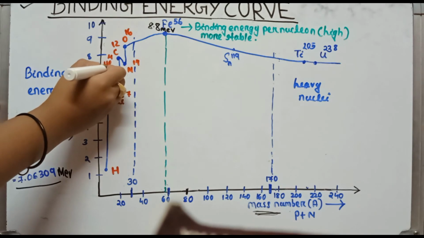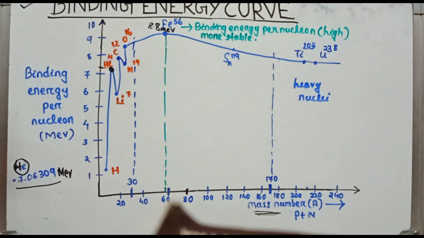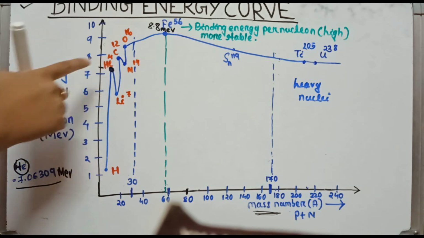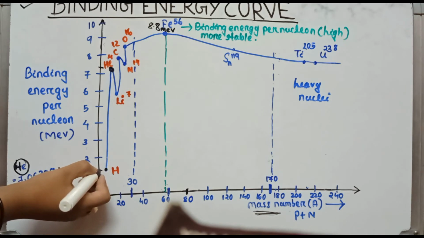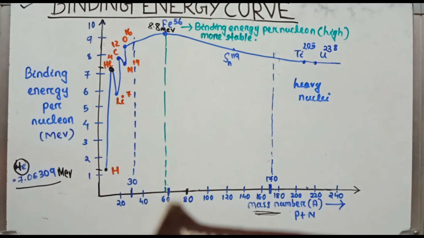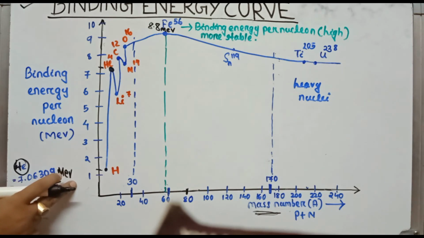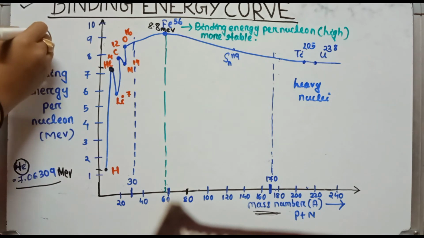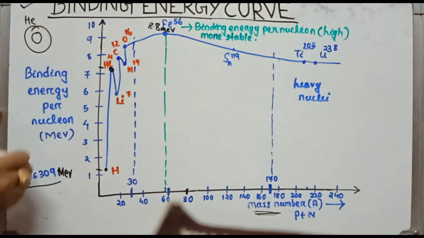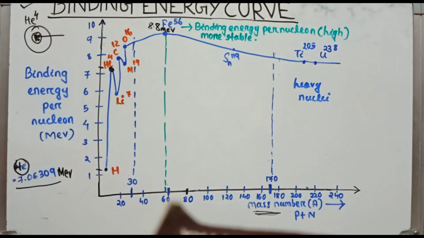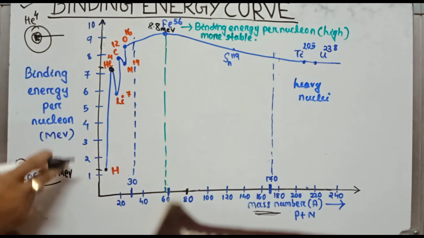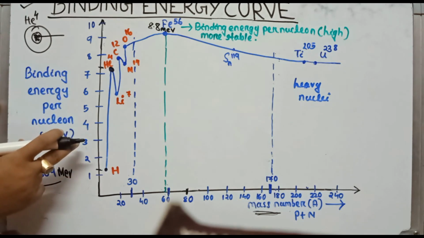Helium has this binding energy per nucleon, and hydrogen has binding energy per nucleon of 1 point something. If we provide this amount of energy to a helium nucleus, only one nucleon is released from the nucleus. That energy is known as binding energy per nucleon.